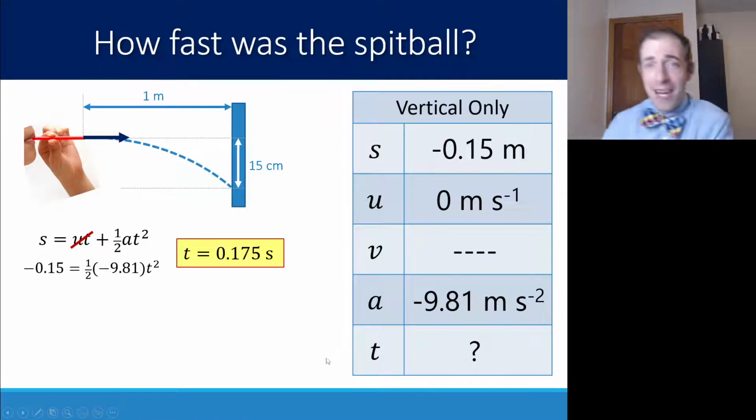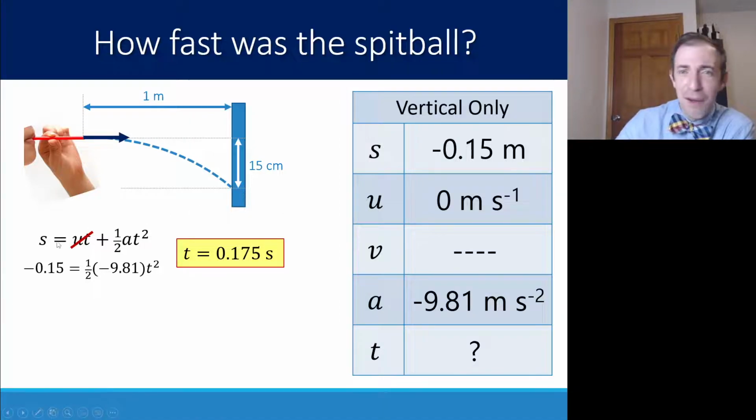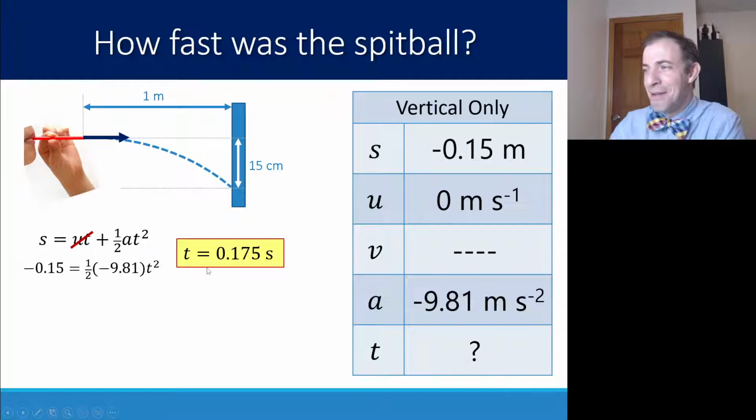So to find the time, we can use that same equation that we did before, plugging in these values, which wasn't hidden before, and we can calculate the time. The time is 0.175 seconds. Okay, how is that useful? Well, why do I need to know how long the spitball was in the air?